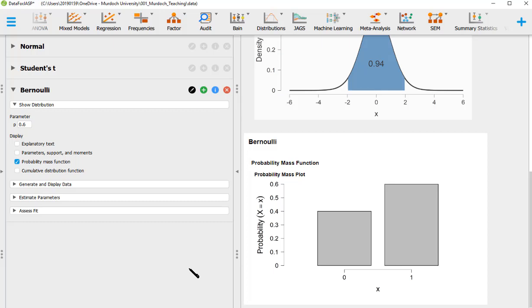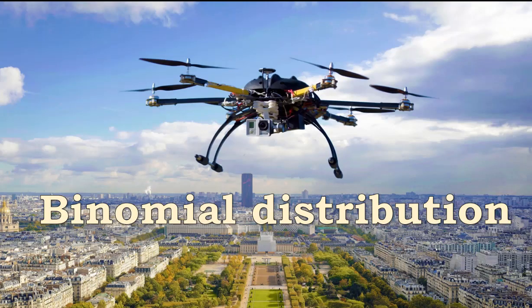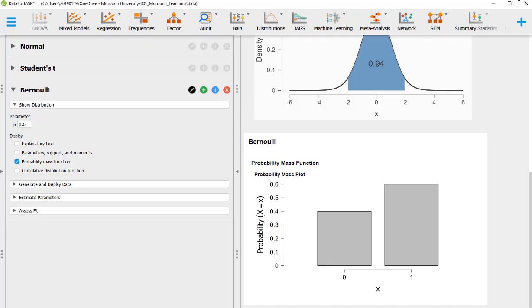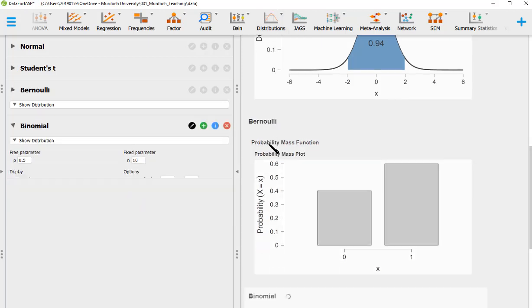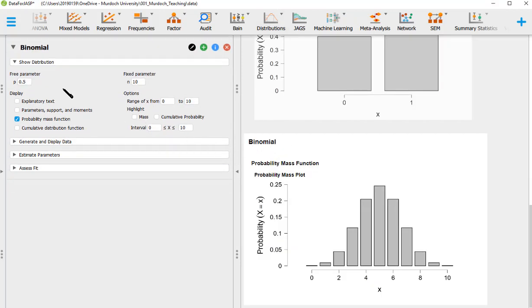Expanding the Bernoulli distribution, we obtain the binomial distribution. Let's see the binomial distribution. It has two parameters: the pi that we saw in the Bernoulli before, and the n, which is the number of trials.